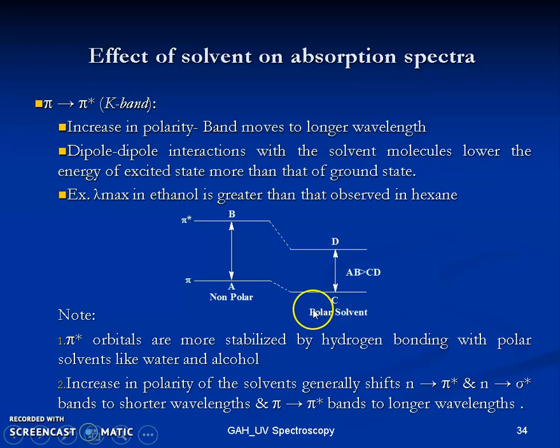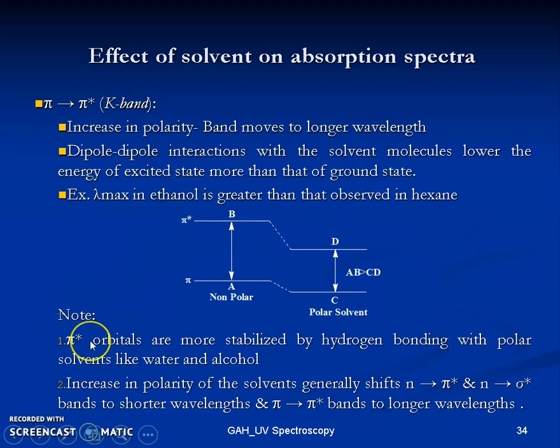So if I want little energy, then I usually go for the longer wavelength region. So I have achieved the pi to pi star transition in polar solvent at the longer wavelength with very less energy. As an example, lambda max of the compound in ethanol is greater than that observed in hexane, because ethanol is the polar solvent, whereas hexane is the non-polar solvent.